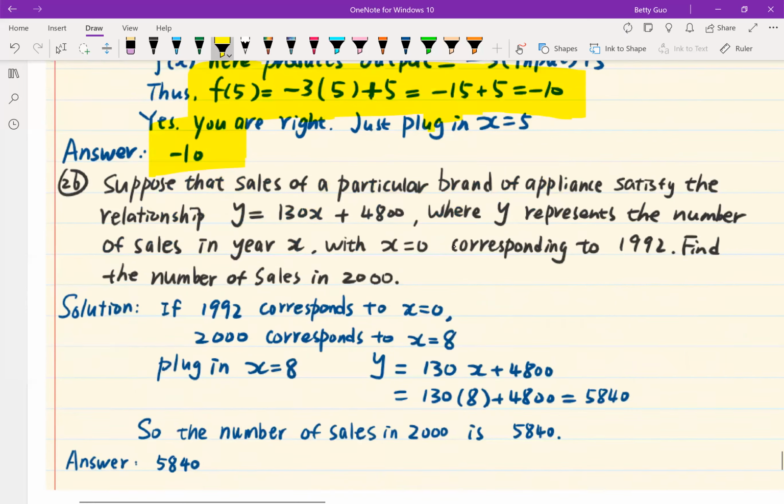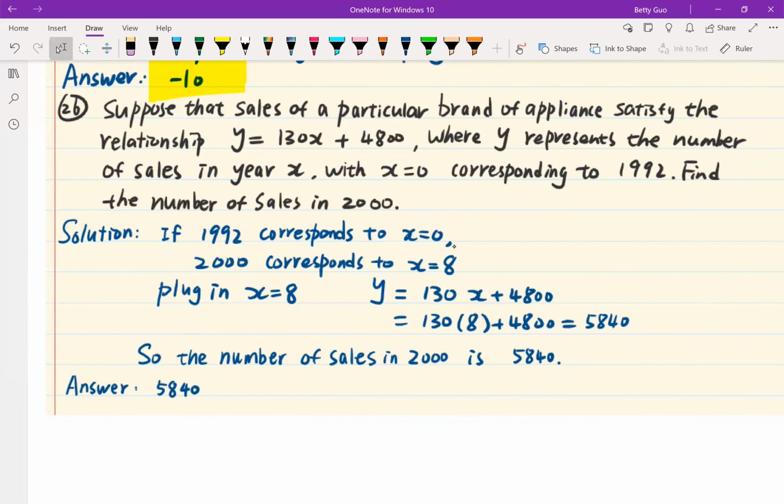Number 26. Suppose that sales of a particular brand of appliance satisfy the relationship y equals 130x plus 4800. You can see this equation is a linear equation, where y represents the number of sales in year x.